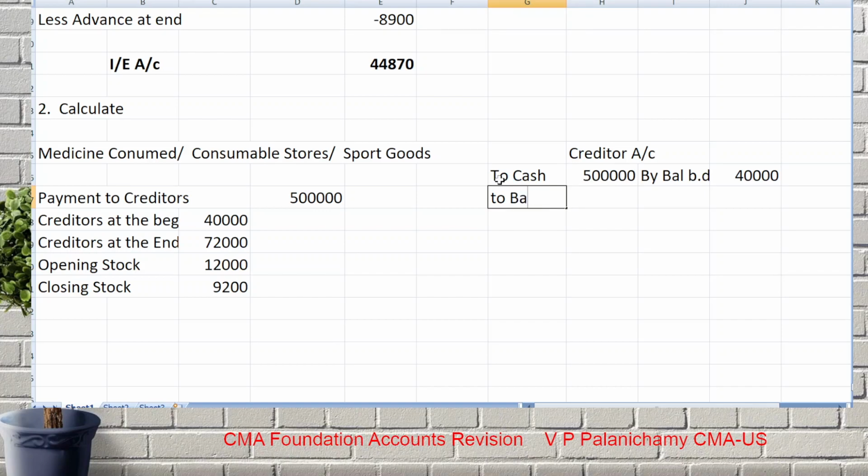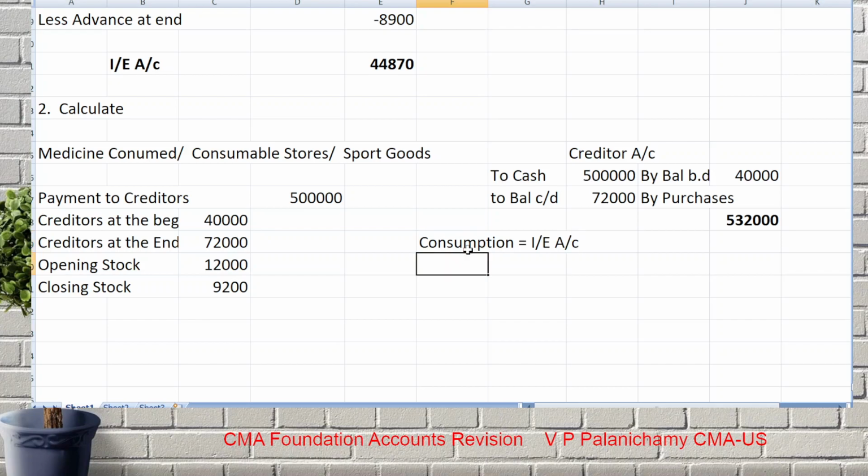To balance carried down, how much is there? 72,000. If we tally this, by purchases is the balancing figure. 5 lakhs paid in cash, still unpaid 72,000 minus 40,000. What is the purchases for the year? 5,32,000.